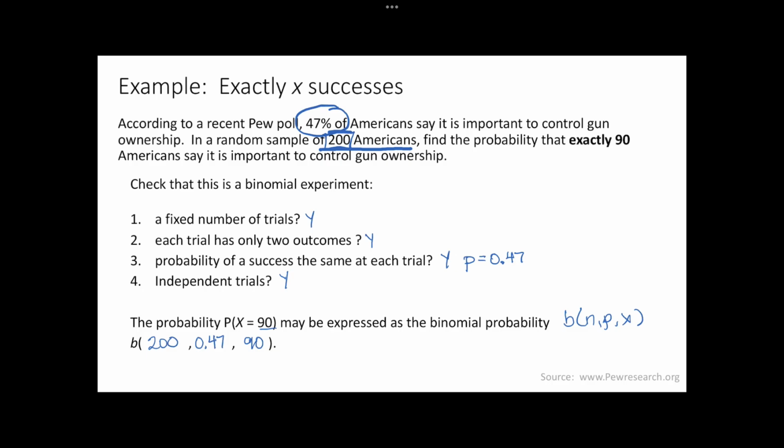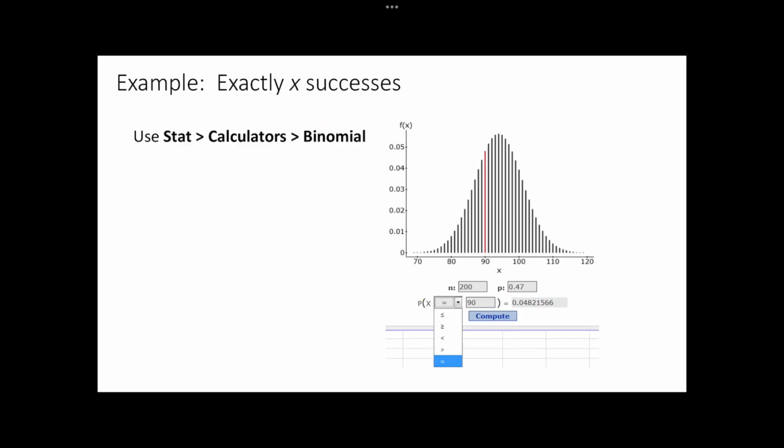All right, so you could plug this into the formula or into StatCrunch. Here's what it would look like if we plugged it into StatCrunch. In fact, I recommend that you pause the video and try plugging it in yourself. So when you open, you're going to hit Stat, then Calculators, and then go to Binomial. We're going to plug in 200 for n, 0.47 for p.